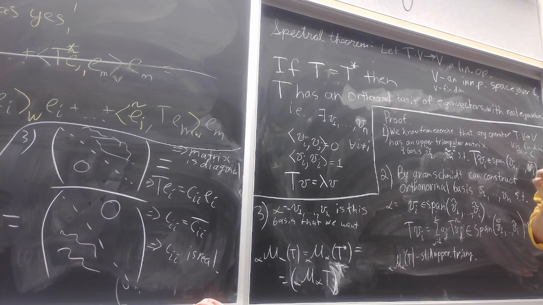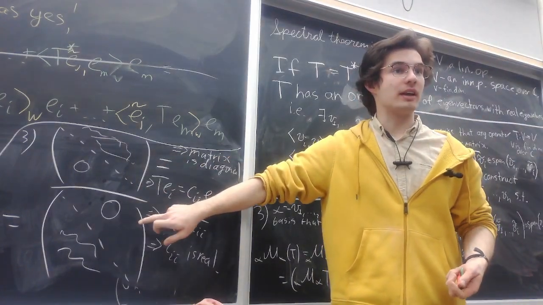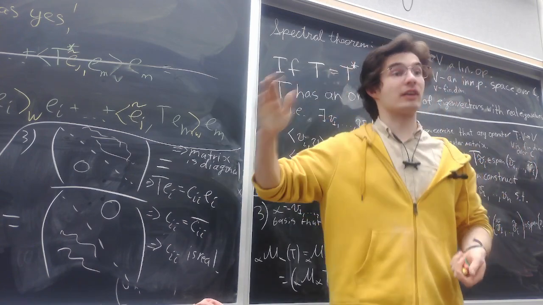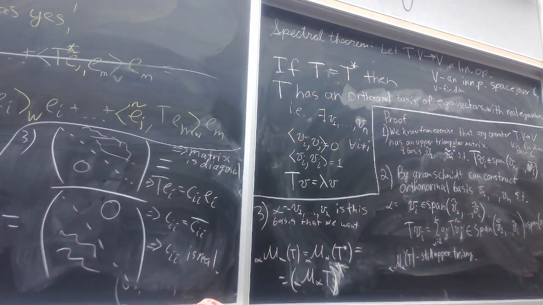So in general, for any operator, there's always an orthonormal basis in which the matrix is upper triangular. But if T is equal to T star, then you can make this argument and realize that the matrix is in fact diagonal, not just upper triangular. Did the Gram-Schmidt construction procedure say something about upper triangularity?